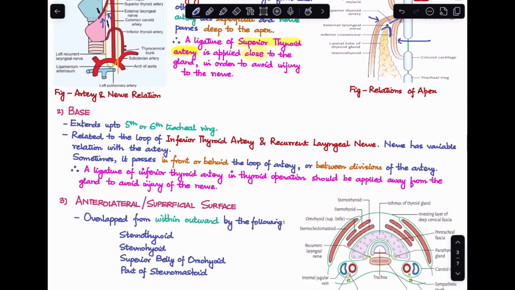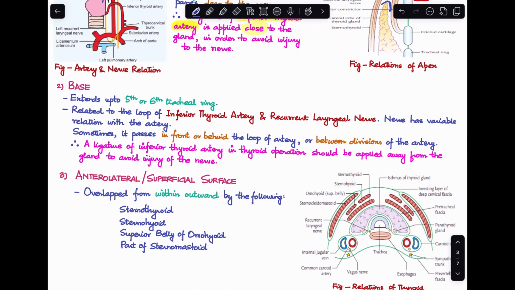Next, let's talk about the base. The base extends to about the 5th or 6th tracheal ring, and the base is related to a loop of the inferior thyroid artery and the recurrent laryngeal nerve. Now, the nerve and artery have a very variable relation over here. Sometimes the nerve passes in front of or behind the artery, and sometimes it can even pass in between the divisions of the artery.